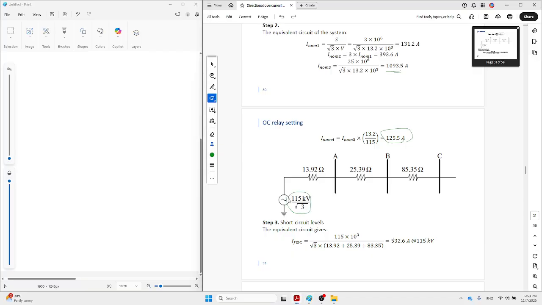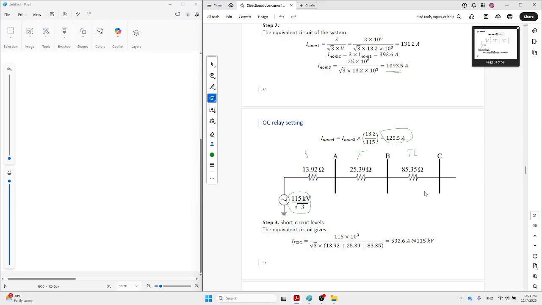The voltage of the system is 115 divided by square root 3 to make it single line, correct? This is the source impedance, this is the transformer impedance, and this is the transmission line impedance.